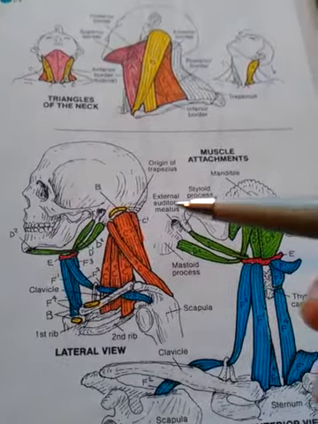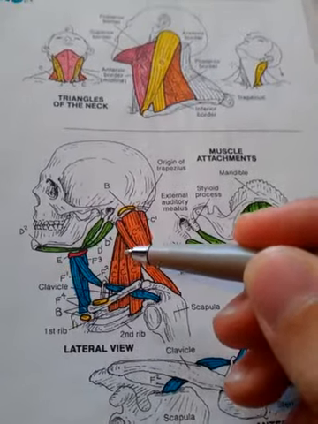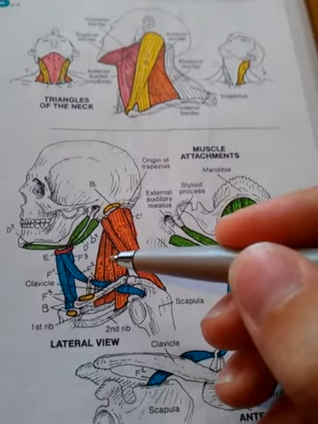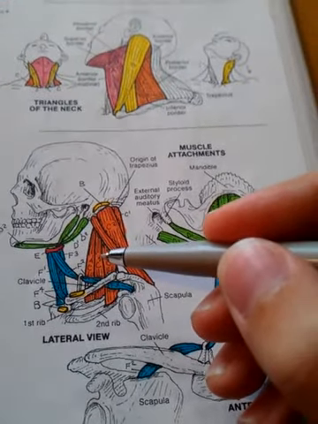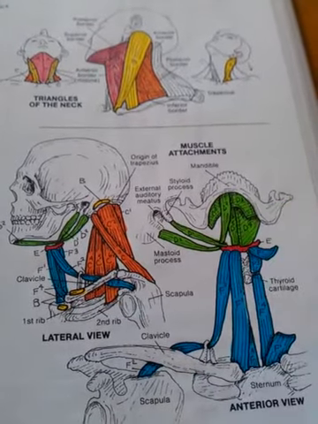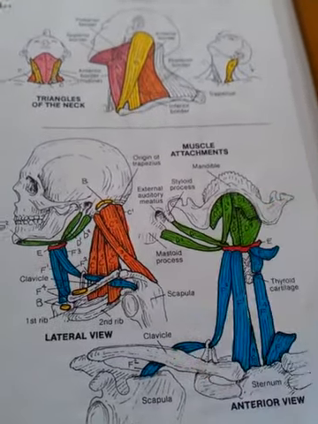The scalenus medius originates on C2 to C7, also transverse processes, and inserts on the first rib behind the groove of the subclavian artery.